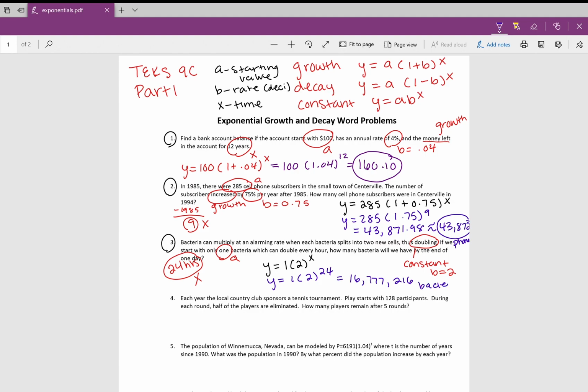So just after one day of cultivating, that one bacteria turned into 16 million bacteria. That's why germs spread so fast.